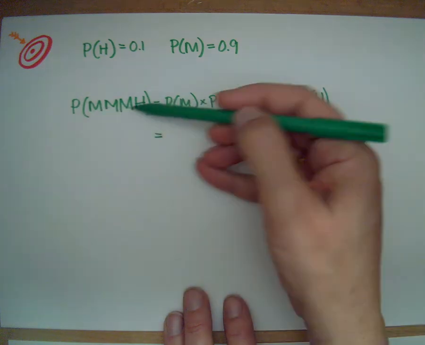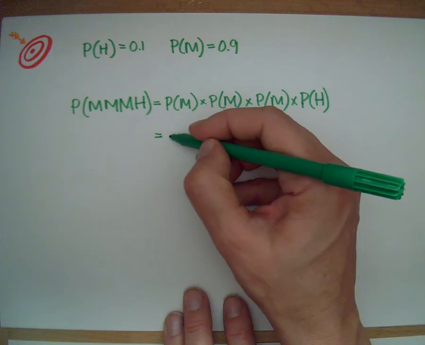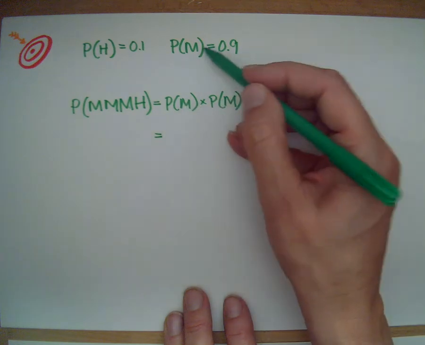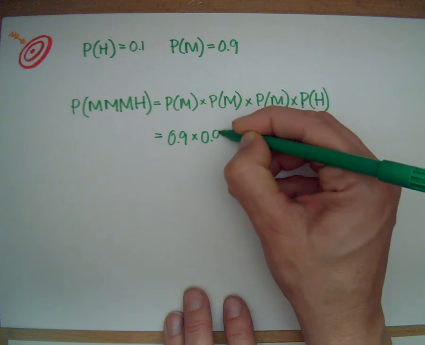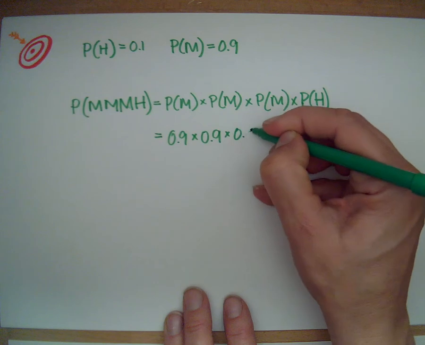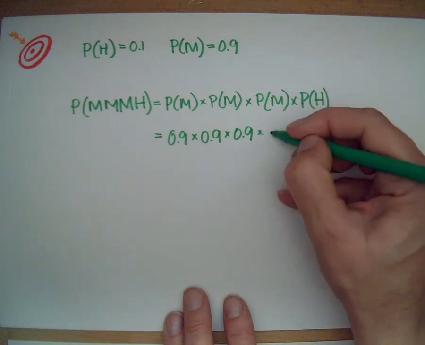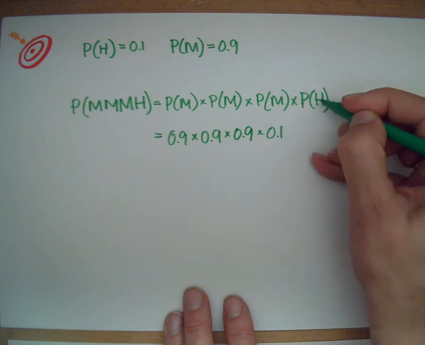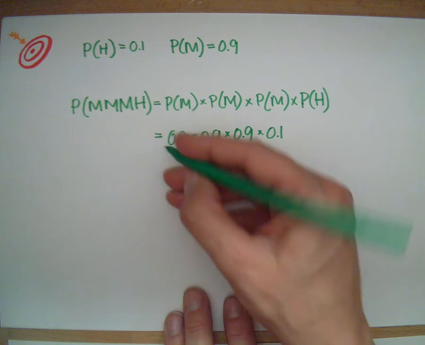So we find the probability of getting miss, miss, miss, hit by multiplying these separate probabilities, where the probability of getting a miss is 0.9, and I'm multiplying that by 0.9 again on my second attempt, multiplied by 0.9 again on my third attempt, then multiplied by 0.1, which is the chance that I get a bullseye right there.